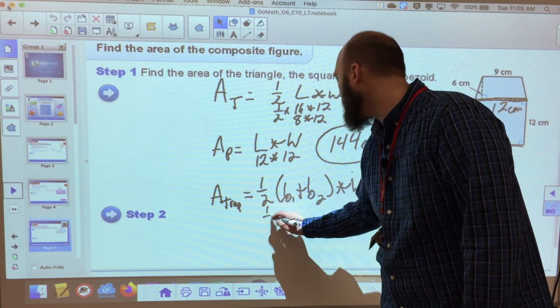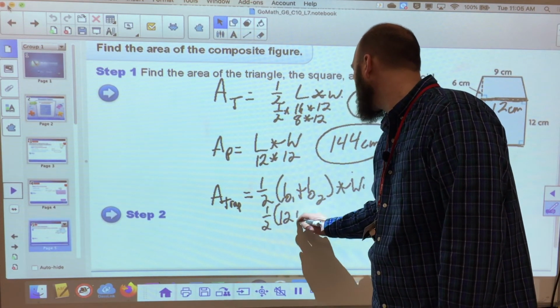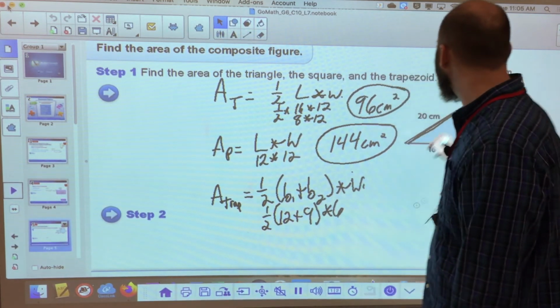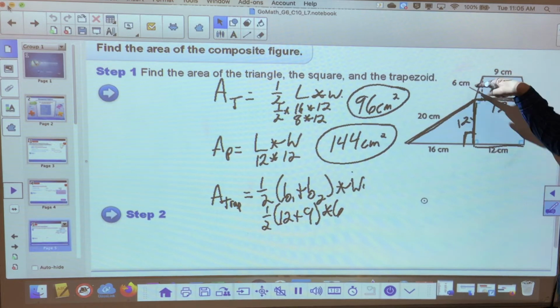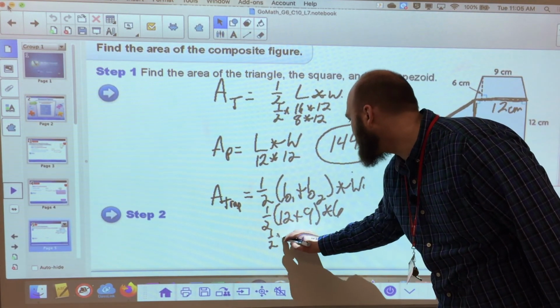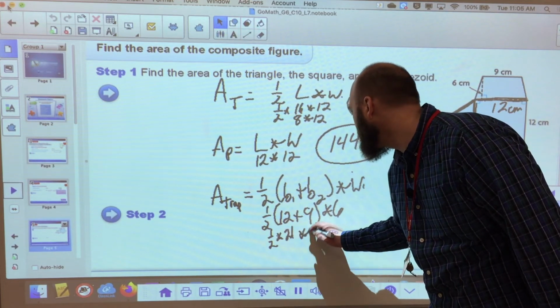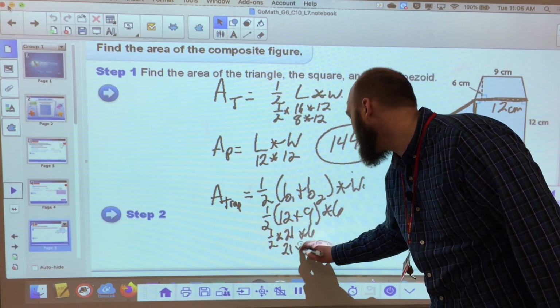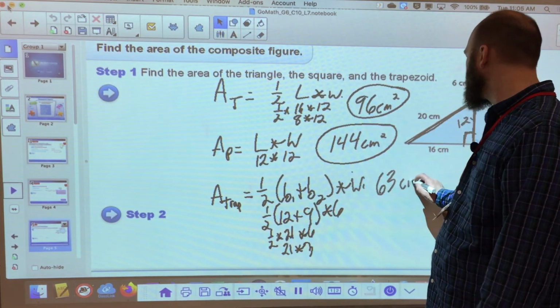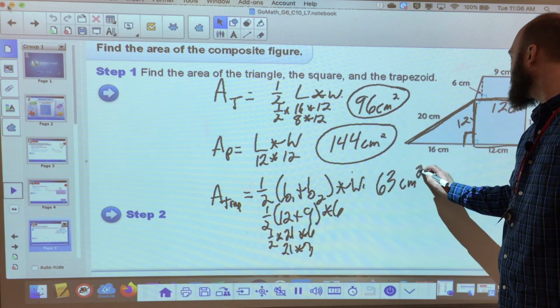So I end up with 1/2 times 12 plus 9 times 6. Base 1 plus base 2 times the height. Okay? 1/2 times 21 times 6, or 21 times 3, which ends up with 63 centimeters squared.